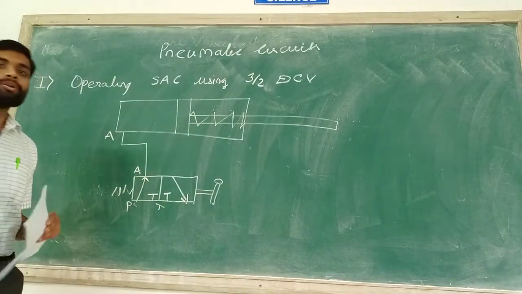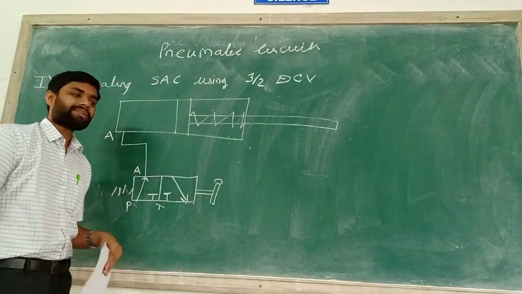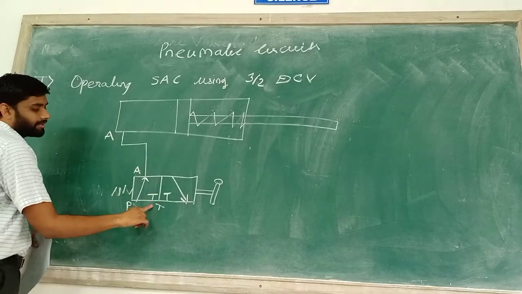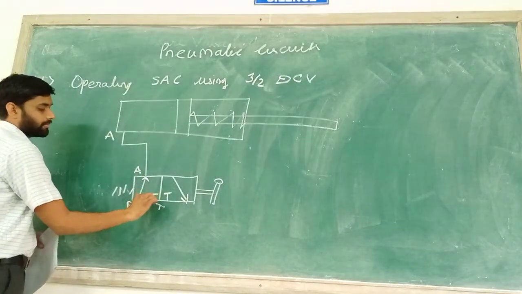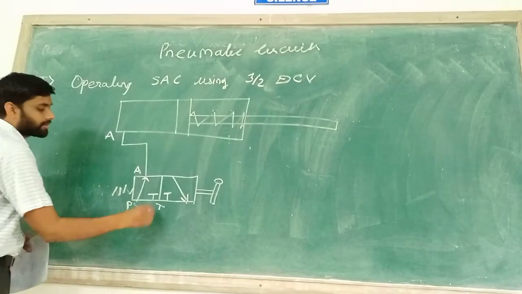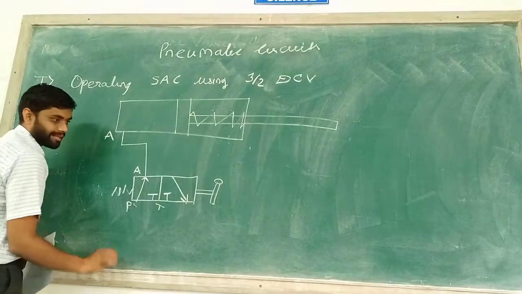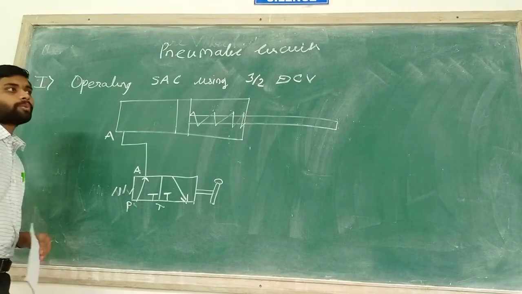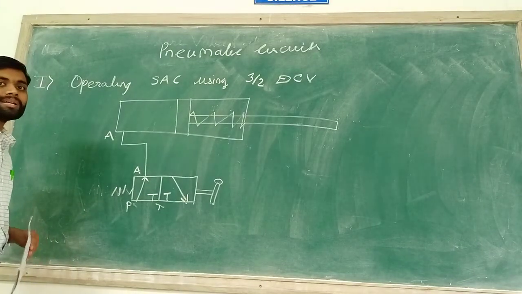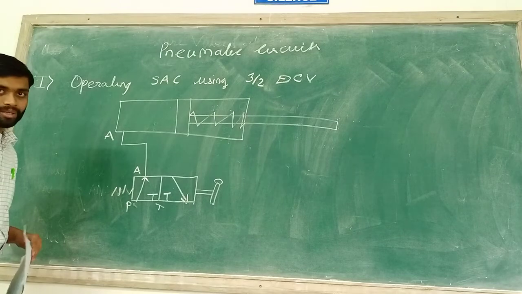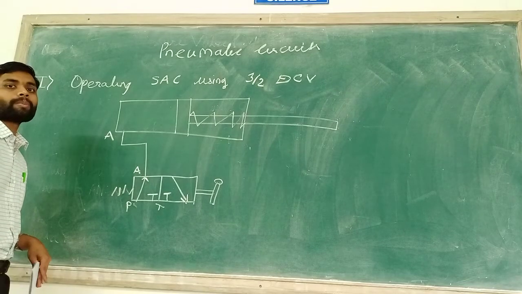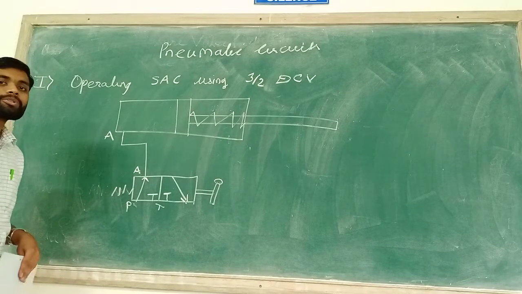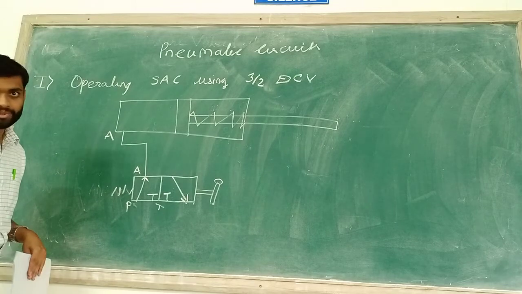But I already told you during the theoretical section, for this pneumatic circuit, the return port T is not connected to the tank here. It is directly open to the atmosphere, or directly open to the surroundings. But here we are going to connect a muffler or silencer to make sure that the system becomes a noiseless system.